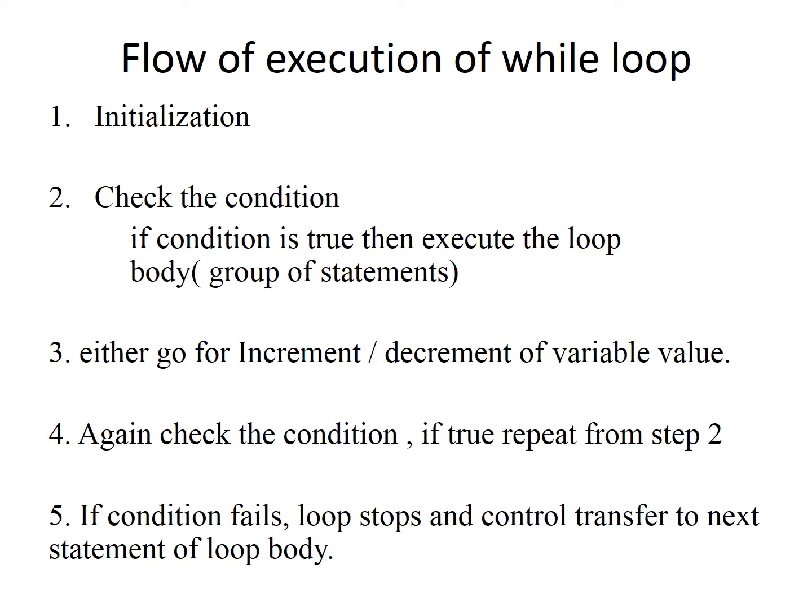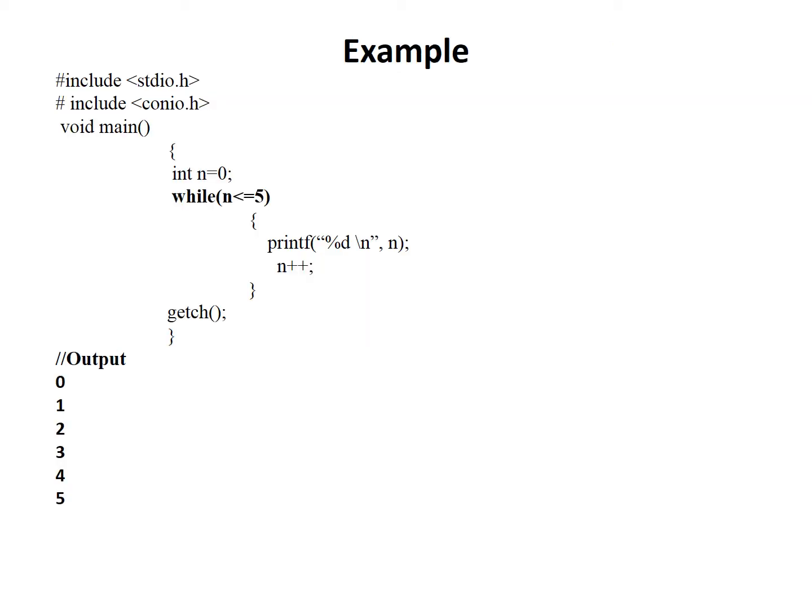If the condition is true, then again we move to step number 2, that is checking the condition, execute the loop body, and again go for incrementing or decrementing. And if the condition is false, then the loop stops and control transfers to the next statement after the loop body.